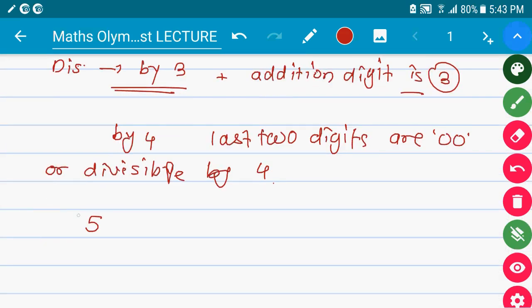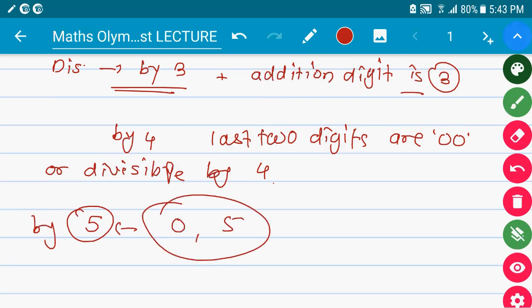For 5, you all know any number is divisible by 5 if it ends with 0 or 5, meaning if the unit place is 0 or 5. And for 4, you must keep in mind that if the last two digits are 00 or divisible by 4, then the number is divisible by 4.